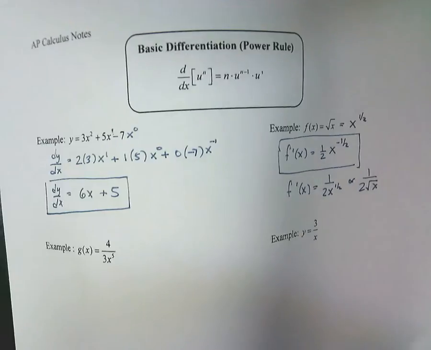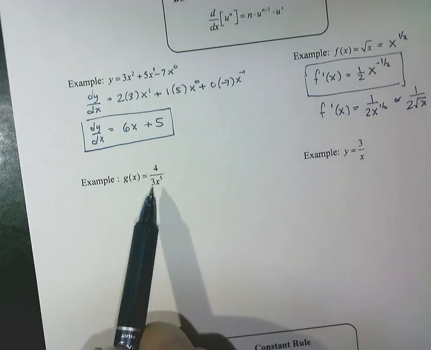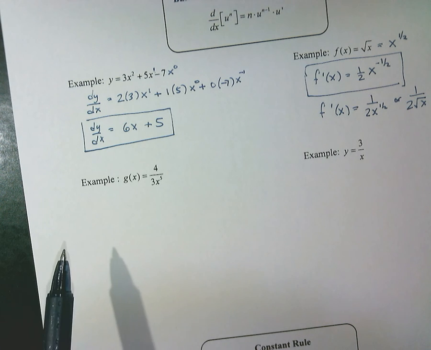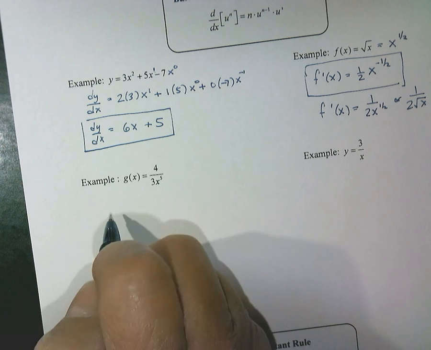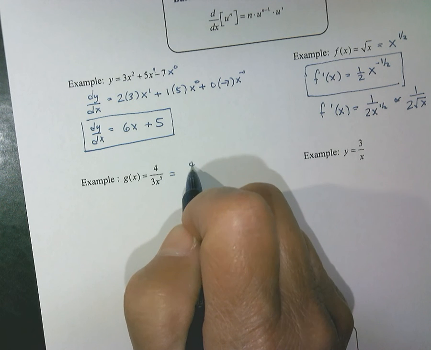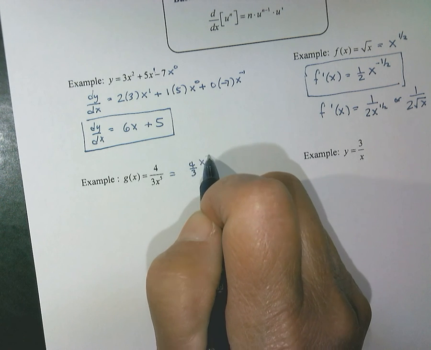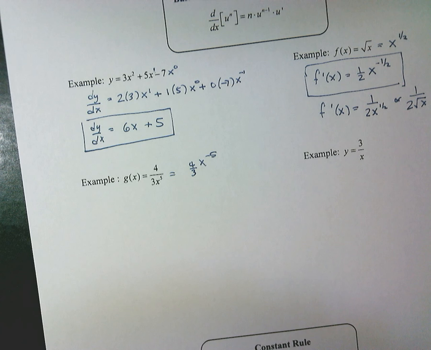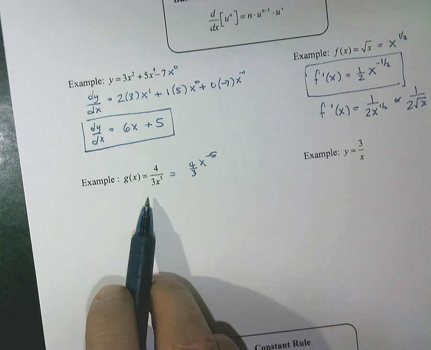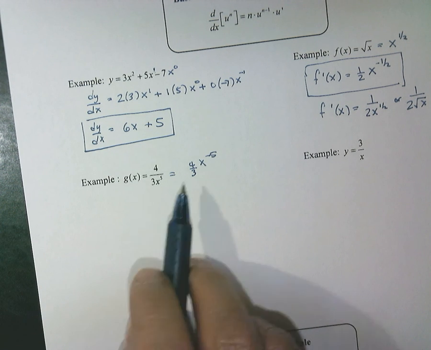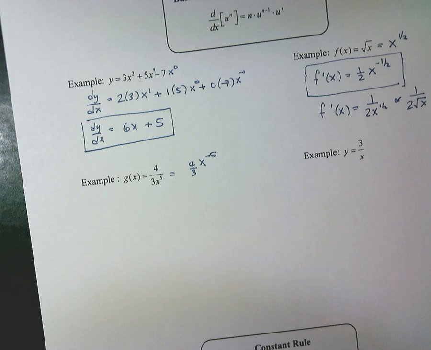The next example, g of x equals 4 over 3x to the 5th. I'm going to rewrite this one as well. So I'm going to have this as 4/3 x to the negative 5th power. Anytime the exponent's in the denominator, you can move it to the numerator and just change the power.